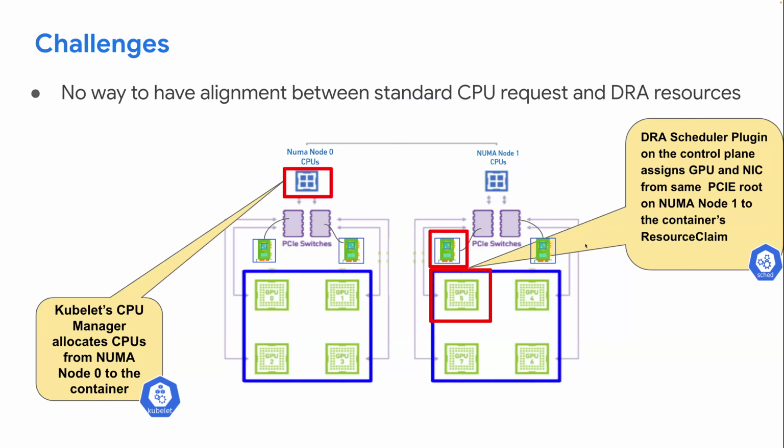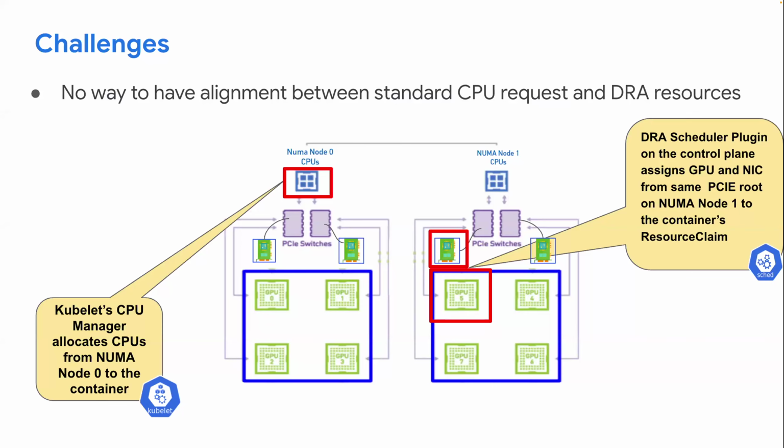It's very well possible that the container would get CPUs from one NUMA node, and the scheduler plugin will assign other devices from another NUMA node. This is particularly a problem for HPC workloads, which are highly sensitive to locality or alignment between CPUs and other devices as well.